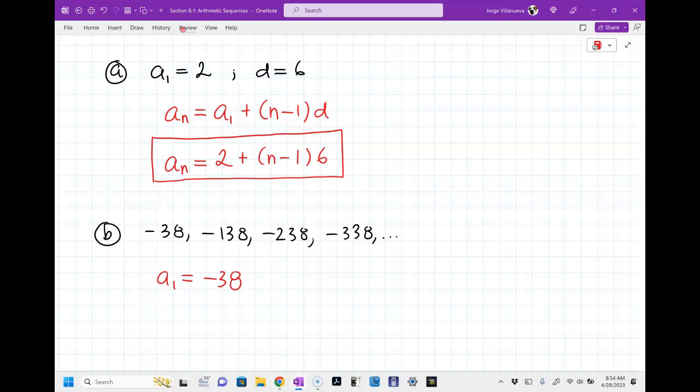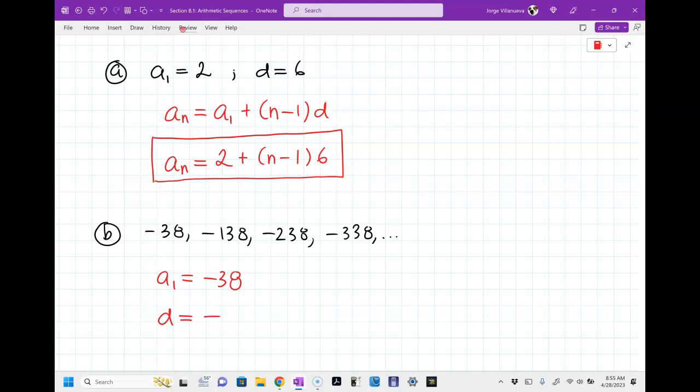Okay? Could I figure out my common difference? To go from negative 38 to negative 138 to negative 238 to negative 338, what did they do? How much is it changing by? 100, but in a positive or negative direction?